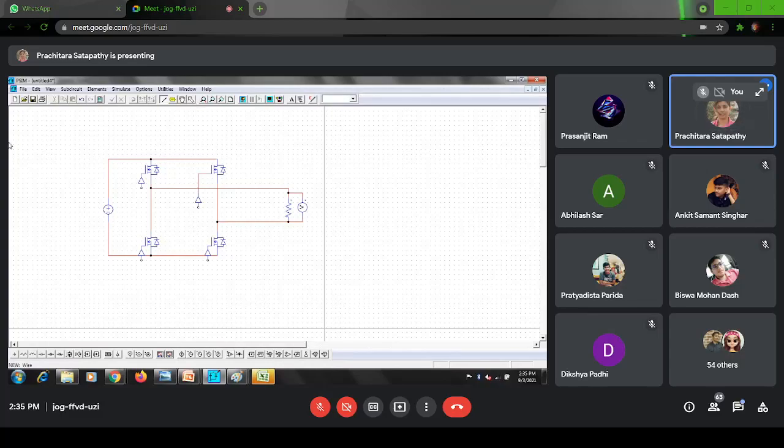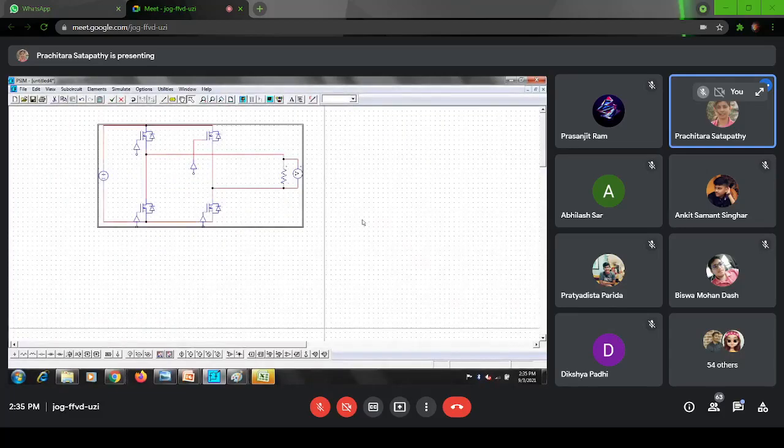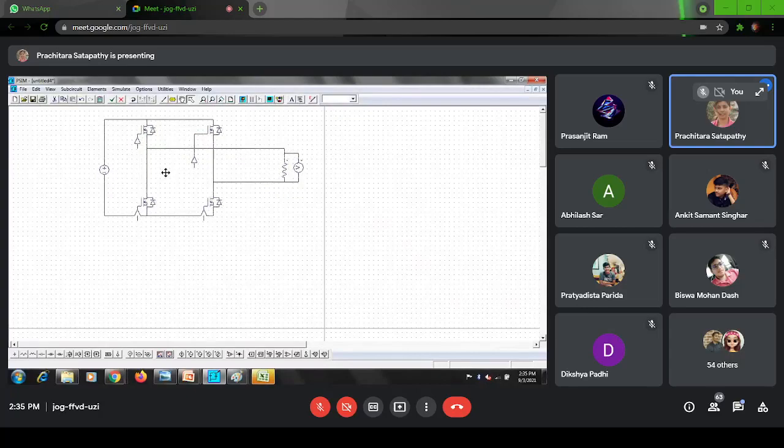Now we'll design the comparator part. Here you can see there is a comparator on the right side.